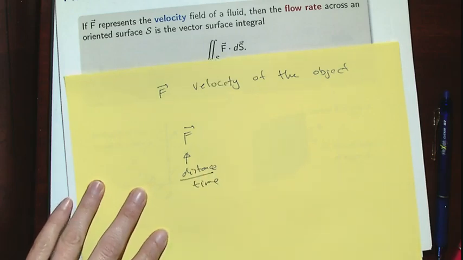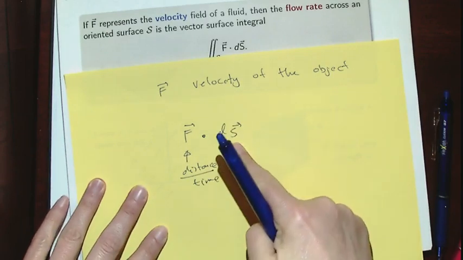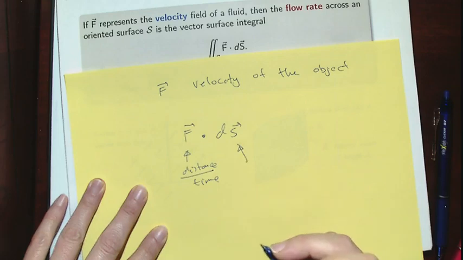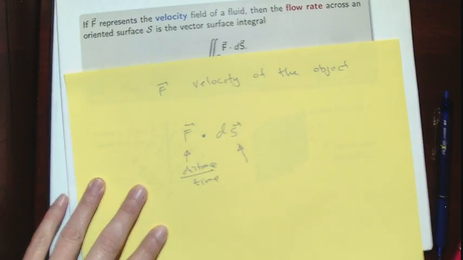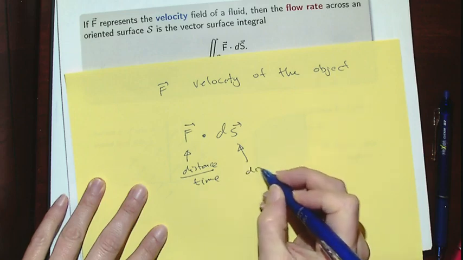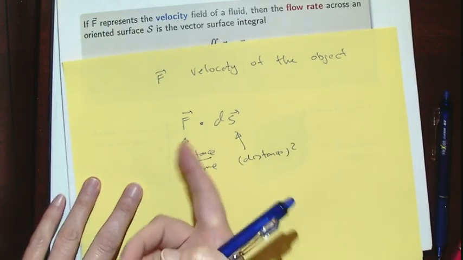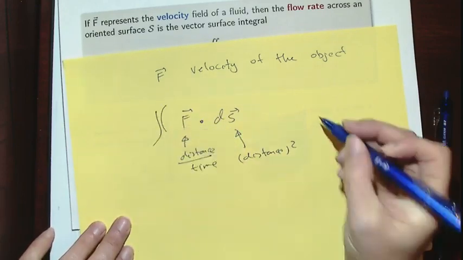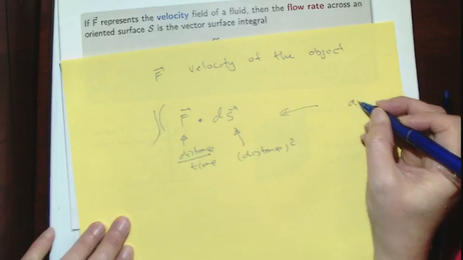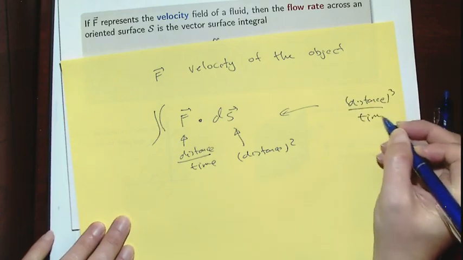When I'm doing the surface integral, I'm doing F dot dS. What are the units of dS? dS is a surface element, right? So what is that? Units of distance squared. Now, when I'm doing the double integral, what are the units now? Distance cubed divided by time.